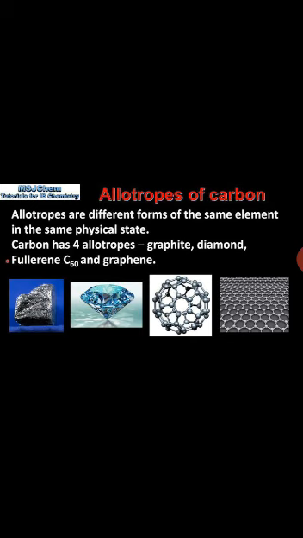Whereas in graphite, carbon atoms are arranged in layers of hexagonal arrays. You can see in the last picture from the left side, weak bonds exist between the layers that allow them to slide over one another. This makes graphite soft.